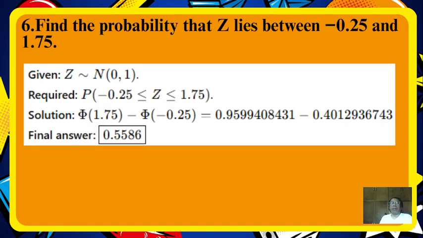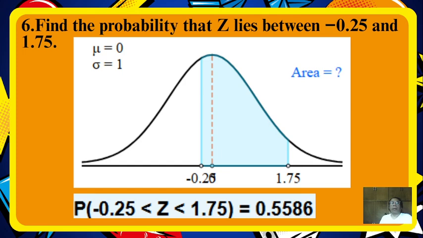We have the final answer, 0.5586. Using our math portal, the probability or the area is 0.5586 and the illustration is shown in the figure.